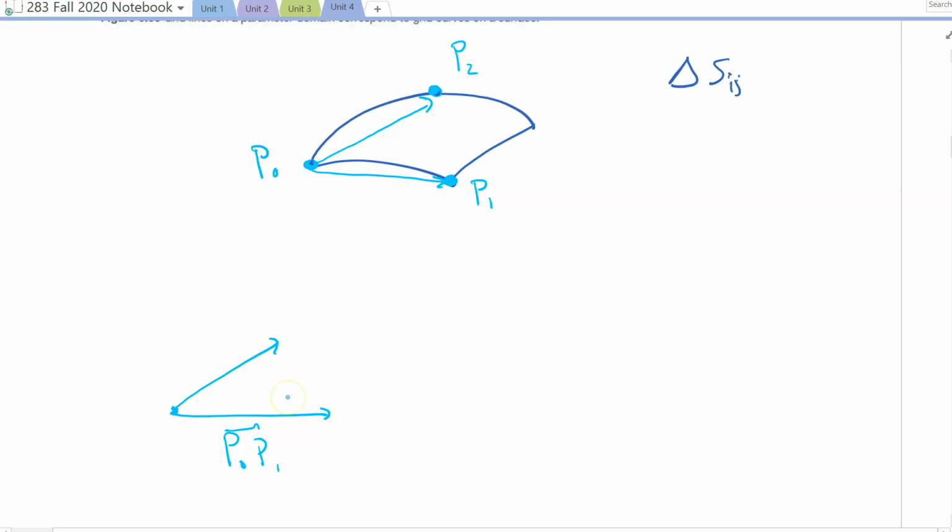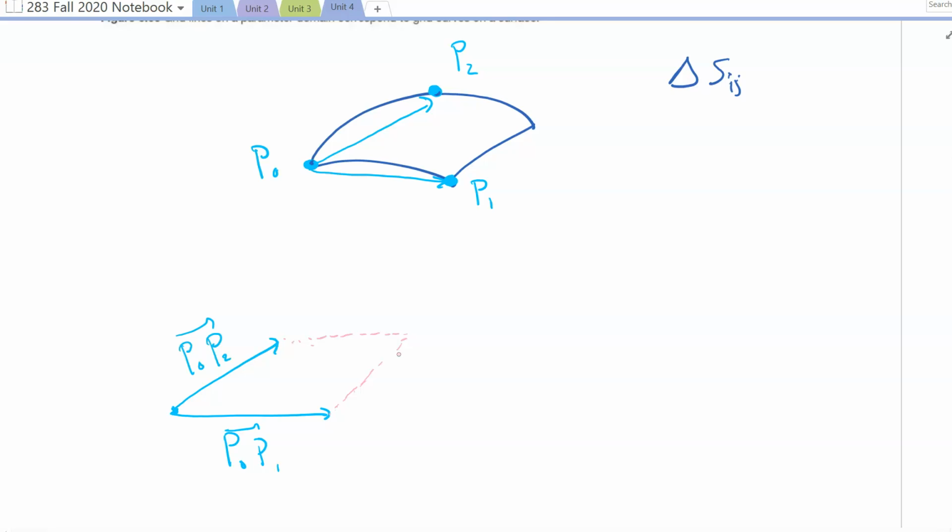The vectors that connect P sub 0 to P1 and the vector that connects P0 to P2. And we're going to say that the surface area of the curved patch will be approximately equal to the area of the parallelogram determined by these vectors. All right, hopefully it's clear that those surface areas will in fact be close to one another.